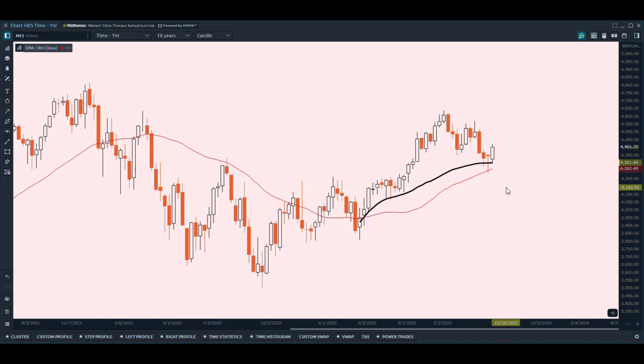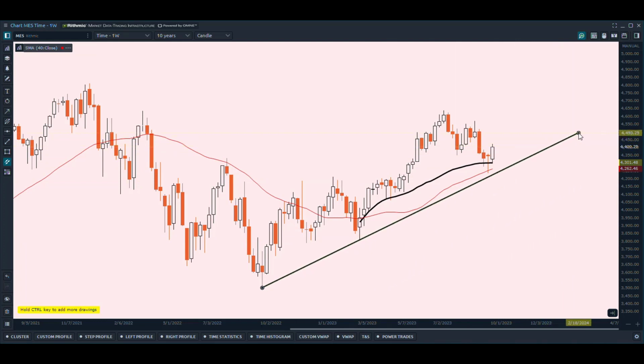Now we'll go on to trend lines and trend zones to look at people who are looking at these types of things. First, we'll draw a diagonal trend zone here from the bottom that we saw in October of 2022, connecting it here to March of 2023 and extend it out.